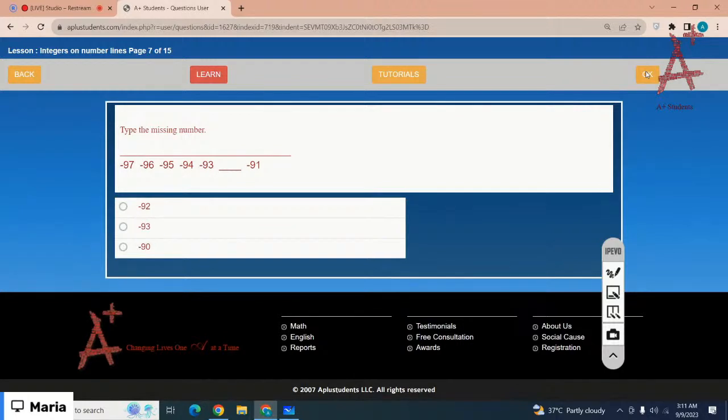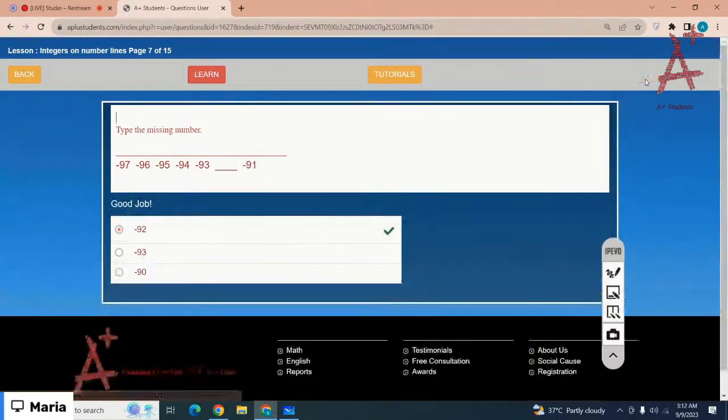Which number is missing? Which is the number between negative 91 and negative 93? Yes, that would be negative 92. So the correct option is negative 92.